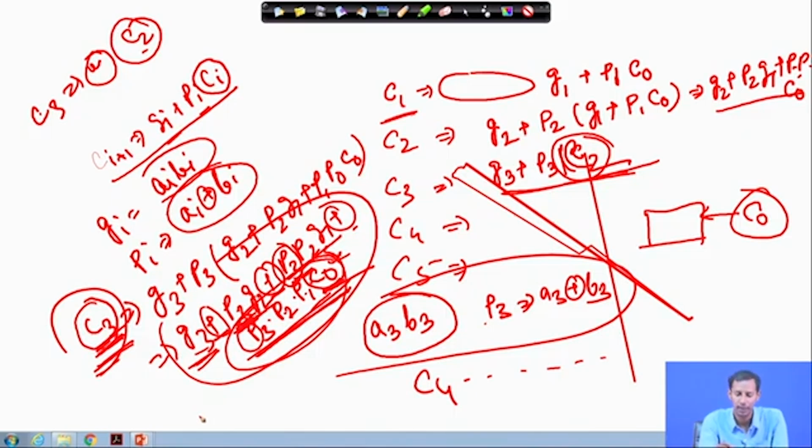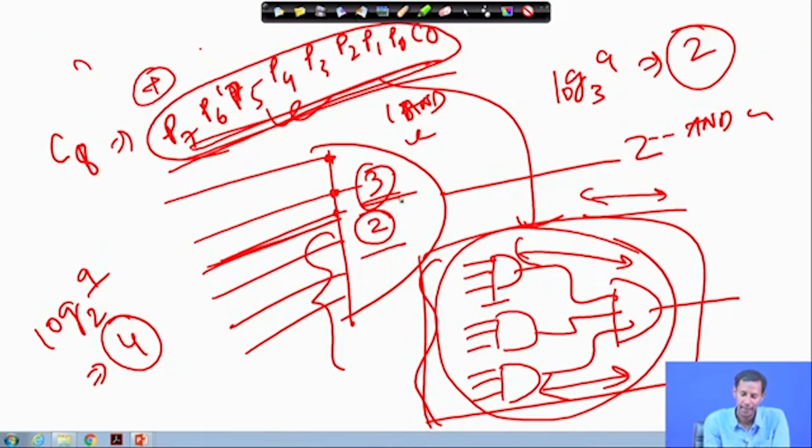That means I need an OR gate for the final ORing operation, one OR gate of 8 or 9 inputs. Again, if we have a fan in limitation of 2 or 3, the level will be increased something like this.